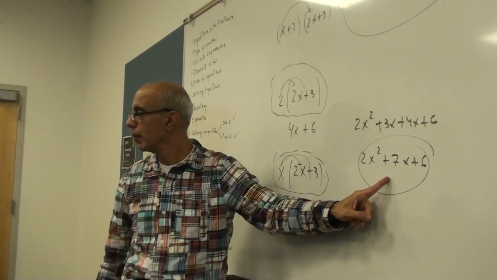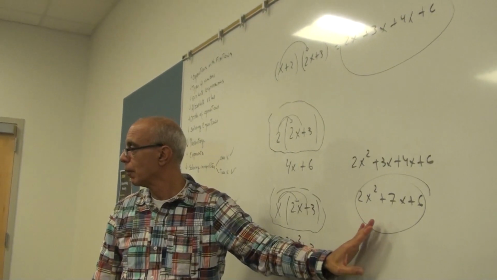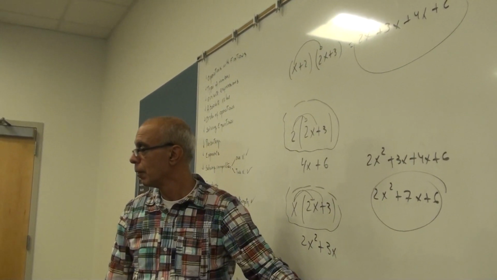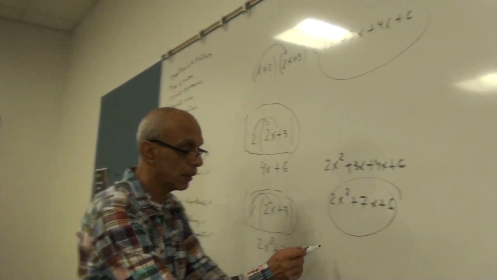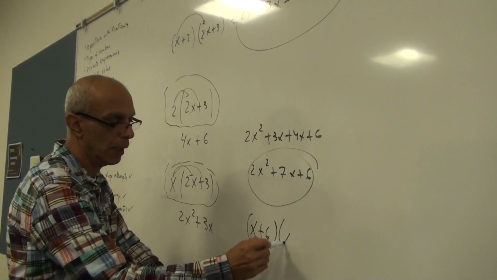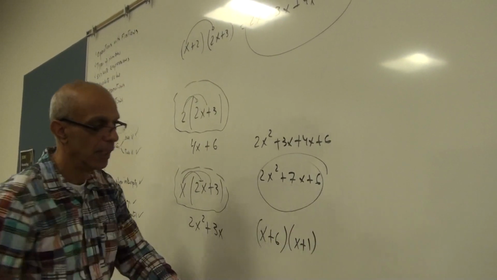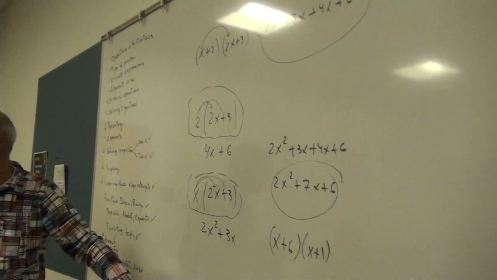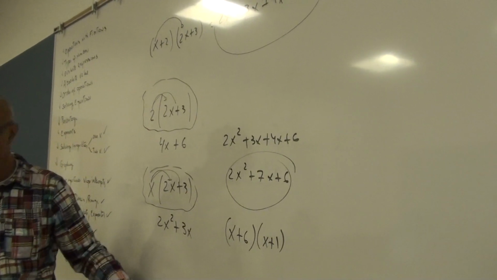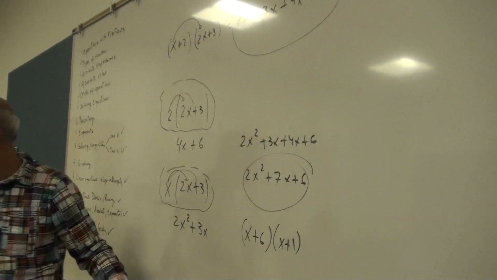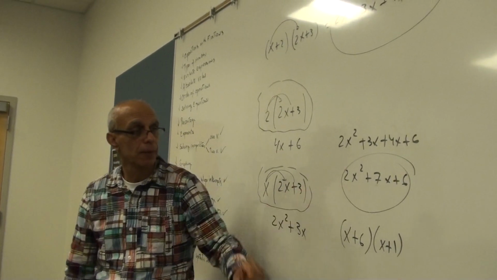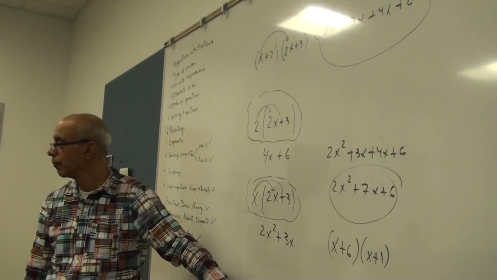Can we open x plus 6 multiply x plus 1 like that? Do you think this is going to be the same as that? Well, because there's 2x squared, there is a 2x there. It doesn't work.